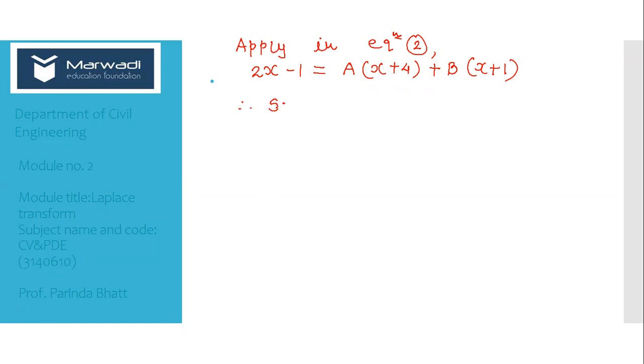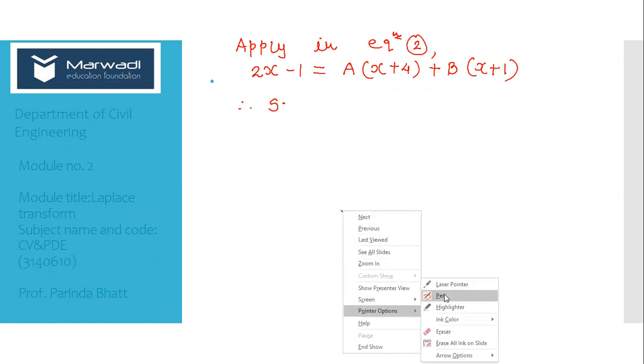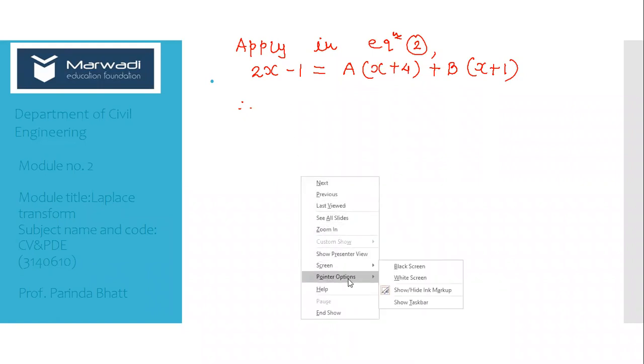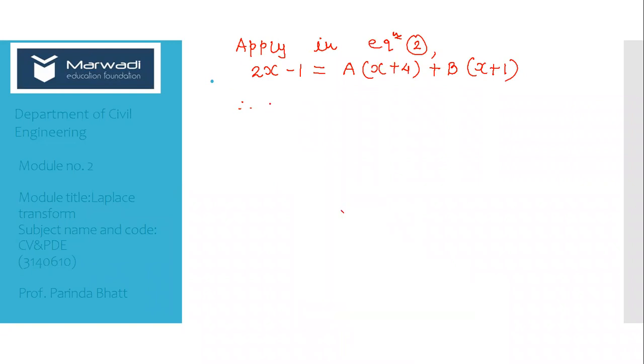x equal to minus 1. 2 into minus 1 minus 1 equal to a into minus 1 plus 4 plus b into minus 1 plus 1, which is 0.